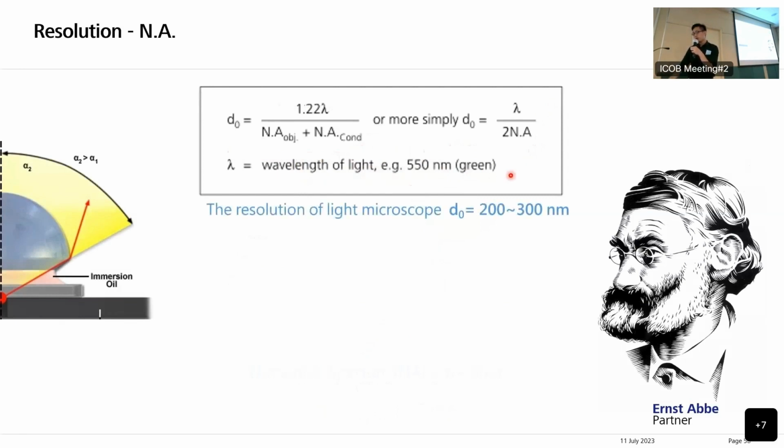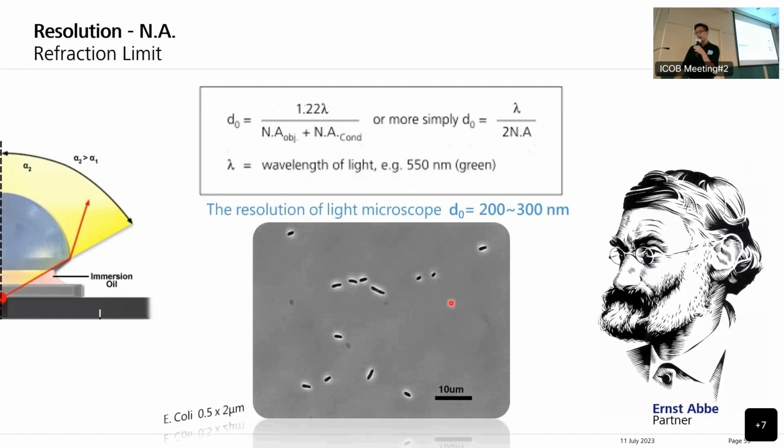So we just go to the real case, and we can see there are some E. coli bacteria in this image, and this is the best image we can get by using the light microscope.